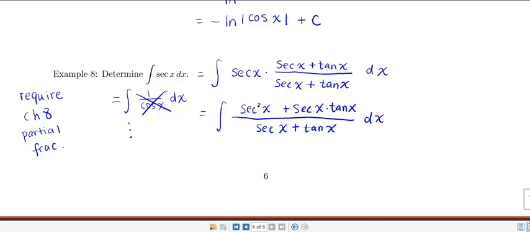And if we set the denominator as our u as usual, the numerator times dx will be our du. So we get du over u. And in this case, the antiderivative is ln of absolute value of u, which is secant of x plus tangent of x, plus c.